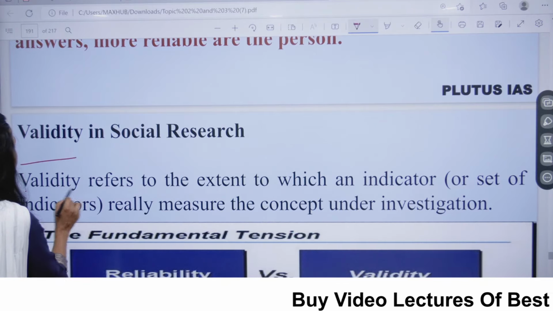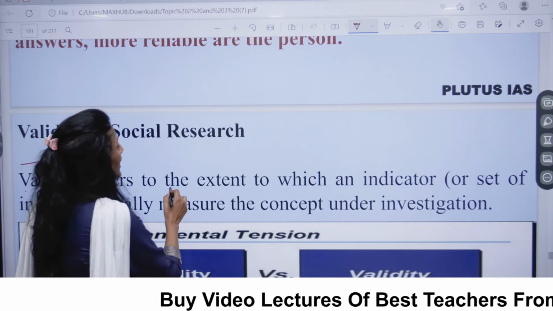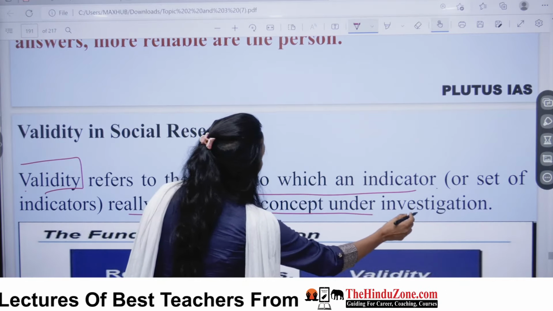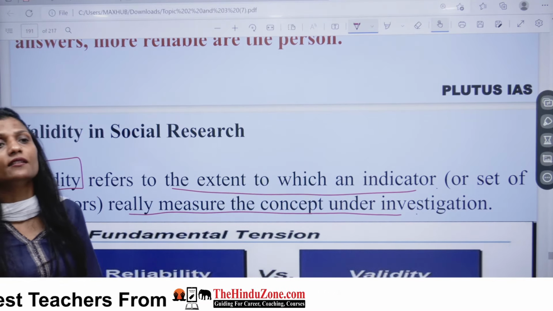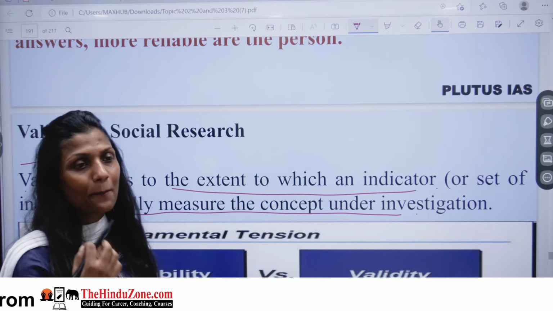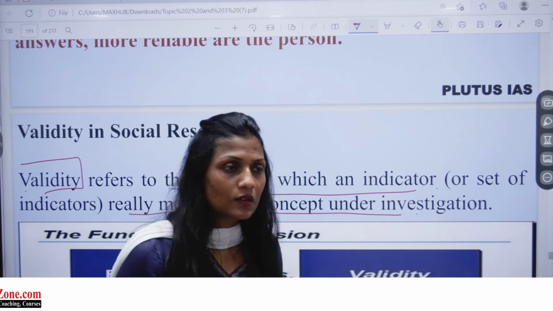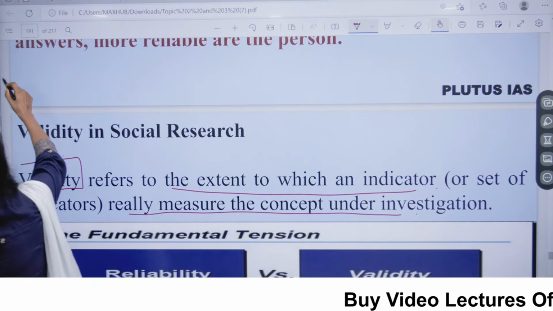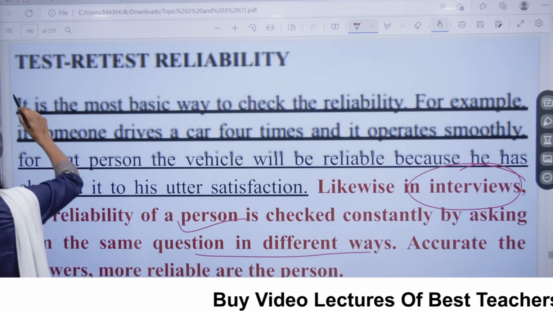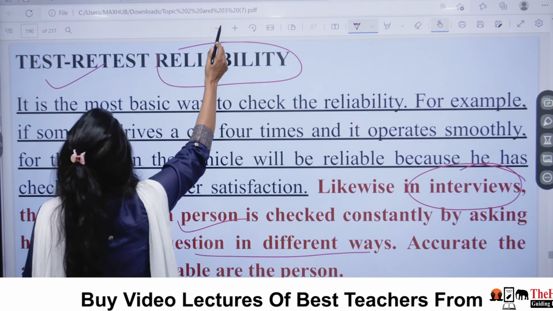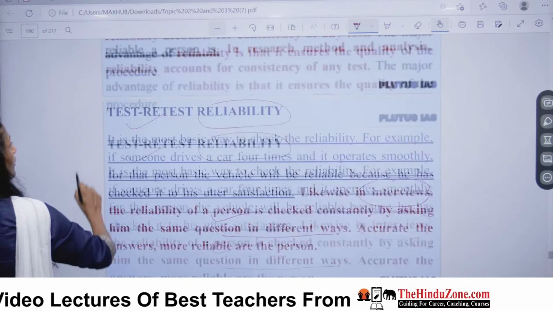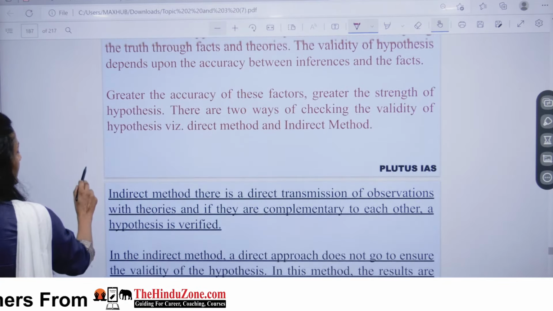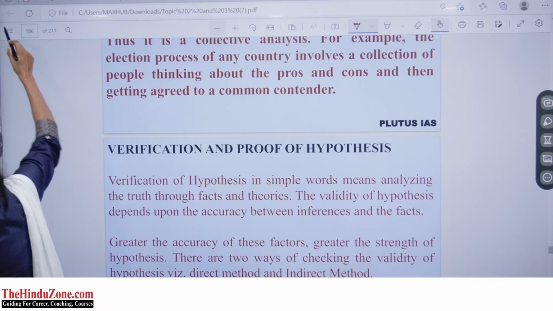Validity means the extent to which an indicator really measures the concept under investigation. How valid are the methods I have used in order to bring out the answers. Okay, so validity is this. It will be even clearer now, just wait. After reliability, we focus on validity.